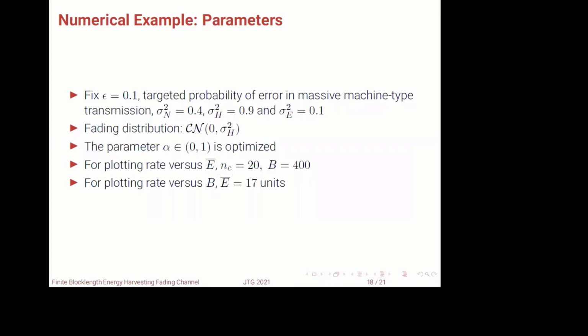Now we just quickly illustrate our results in numbers. We fix these parameters in the following way. We assume a fading distribution with complex normal gains, and we have optimized the parameter alpha that you find in the lower bound.